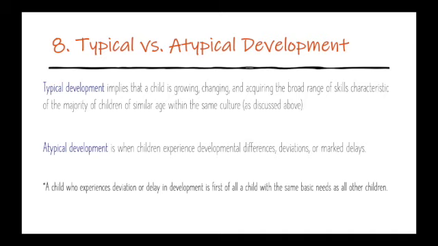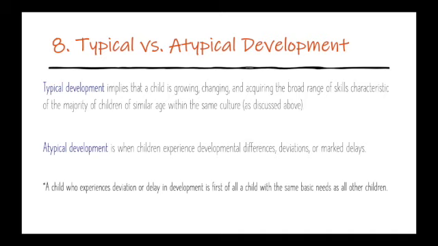Looking at the idea of atypical development, it's anything that would be considered a significant difference or deviation or marked delay from what we know to be those common milestone sequences and norms.